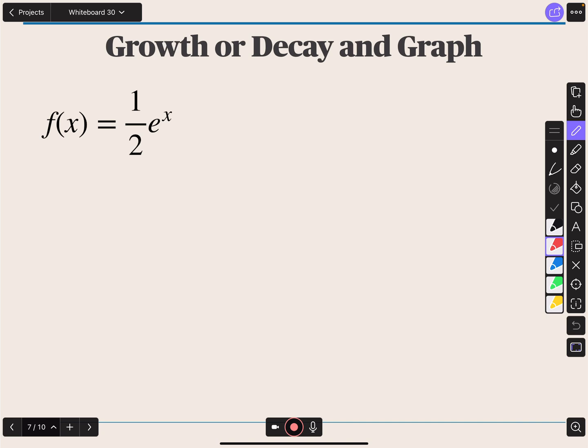Let's do another one. I'm going to do this one first by hand just to show you how you can calculate these values. Then we'll get out Desmos because that's how most of us will attack it. So negative 2, negative 1, 0, 1, and 2. I'm just filling these all in.